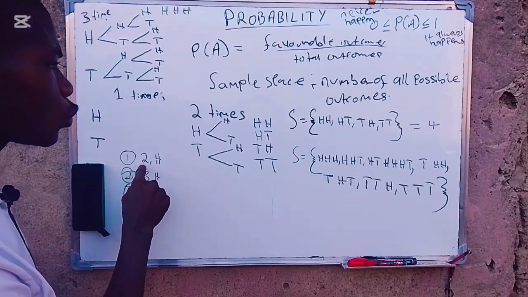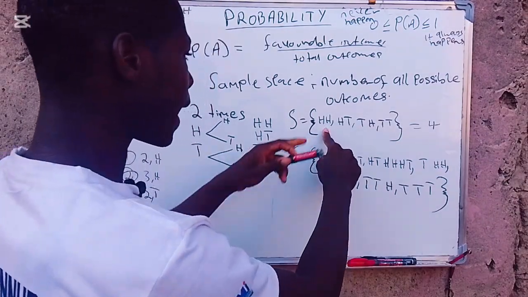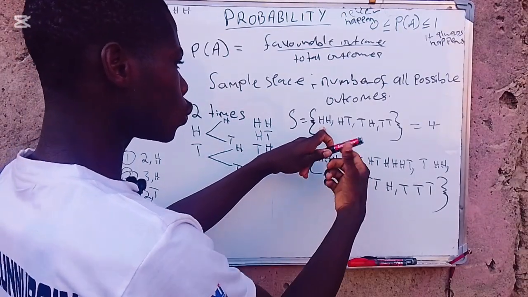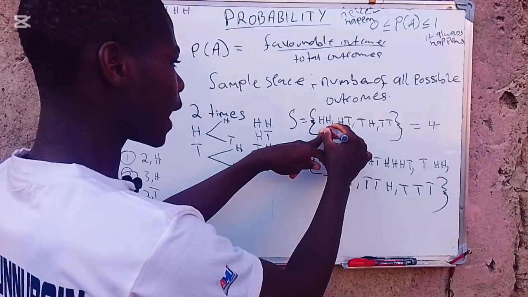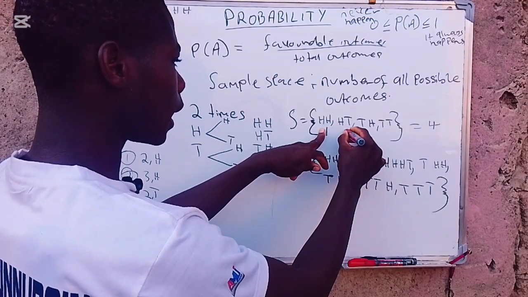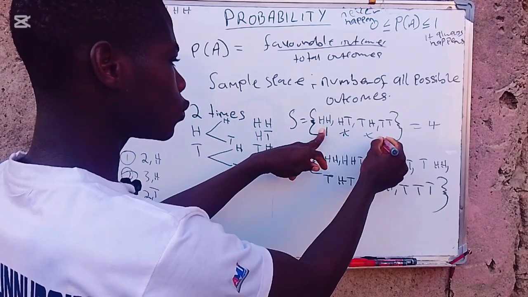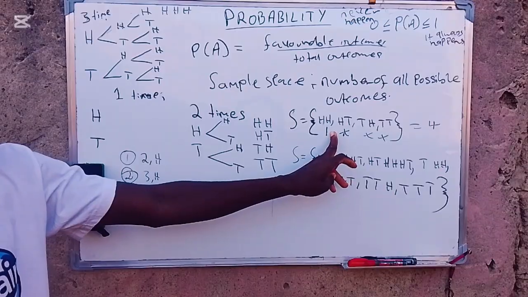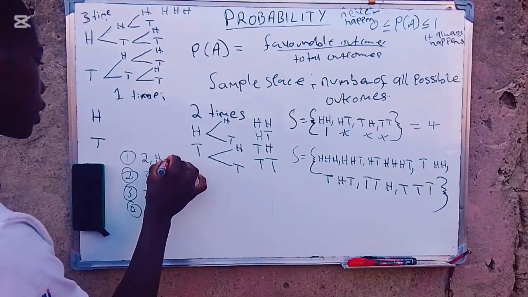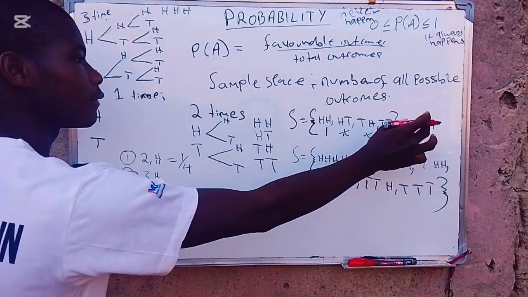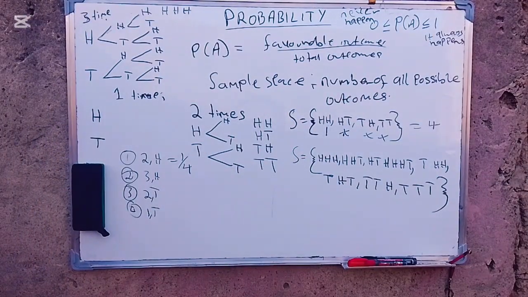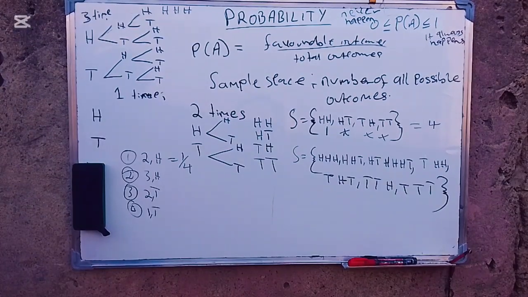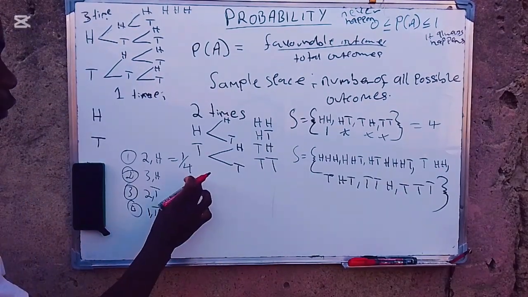So, at least getting 2 heads: I have 2 heads here, just 1 case. There is no other case with 2 heads. So the probability of at least getting 2 heads is 1 divided by 4, which is 0.25.